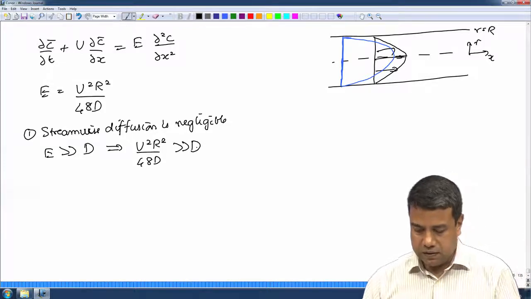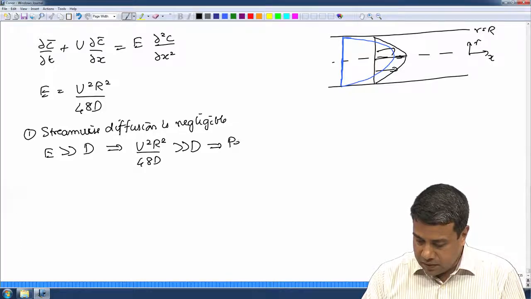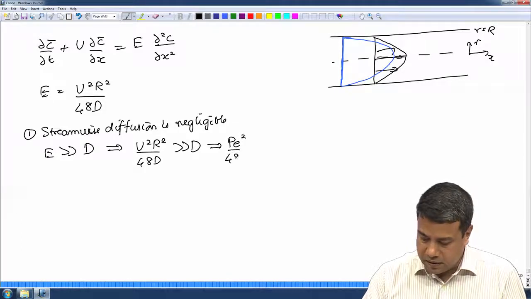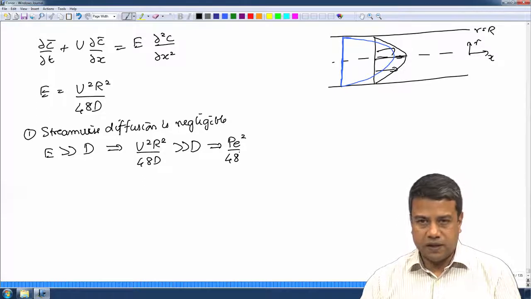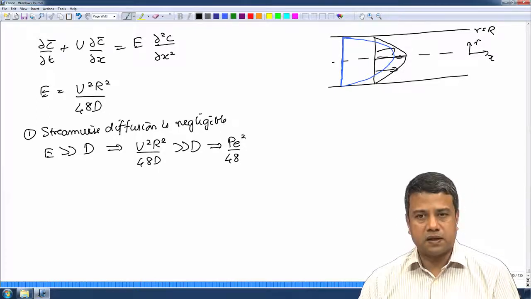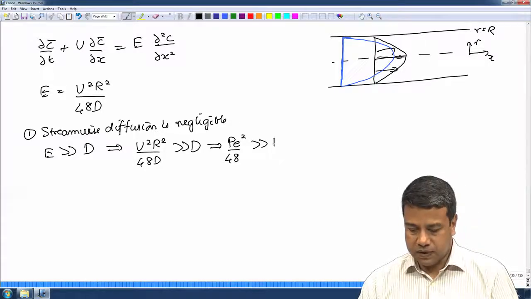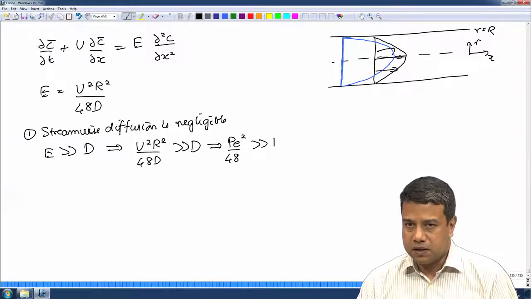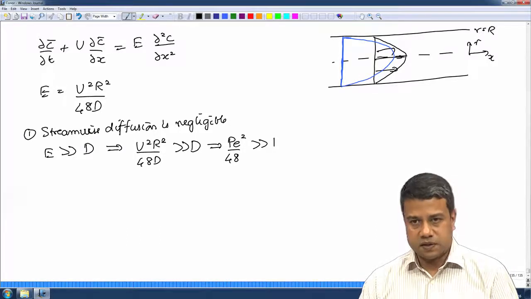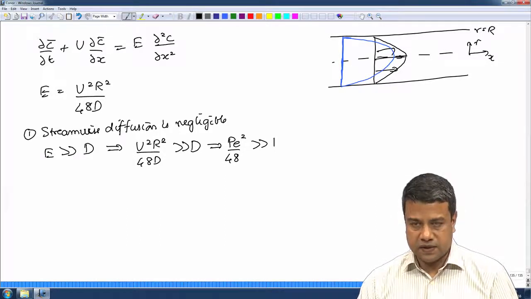If I divide throughout by d, I get u square r square by d square, which is the Peclet number square, by 48, much greater than 1. In this limit, when the Peclet number is large, the dispersion coefficient is much larger than the diffusion coefficient. In that case, this analysis is valid.